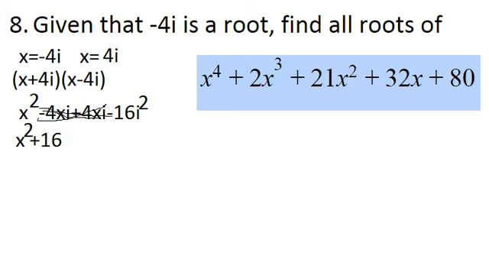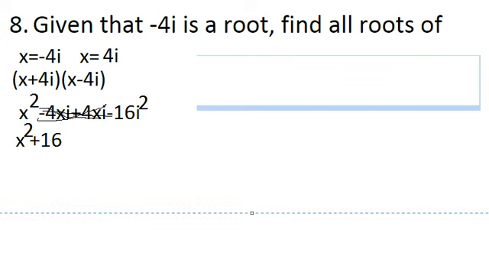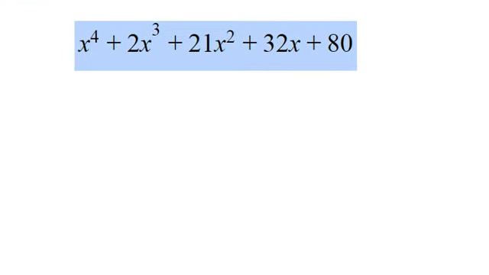So now we're going to take this and divide this by it. Alright, so we have to do long division because we have that power there. Actually what I'm going to do instead of rewriting this, I'm just going to take this and put it here.